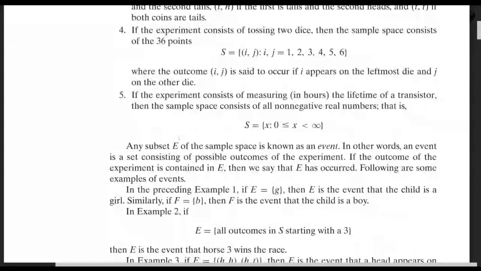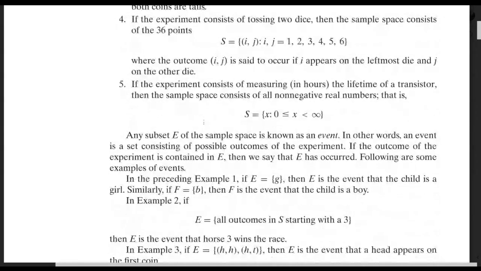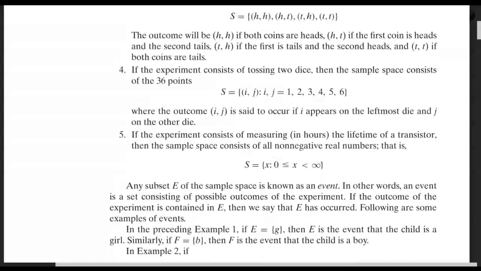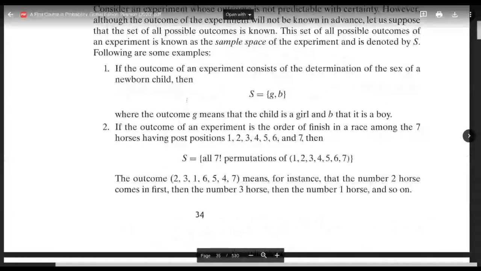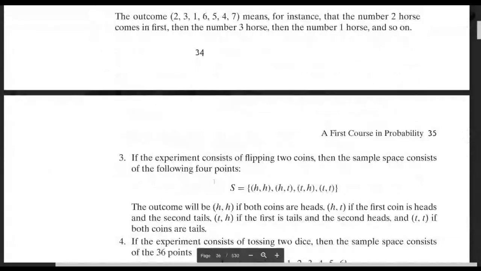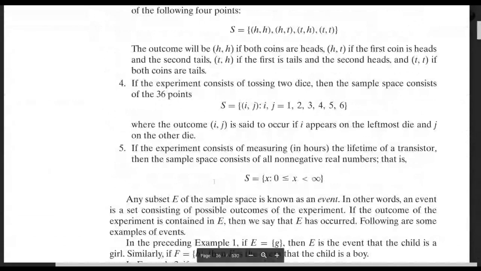If the experiment, number 5, consists of measuring, this is continuous. We're going to talk about variables, discrete or continuous. For the first 4, it's discrete. For 5, continuous.